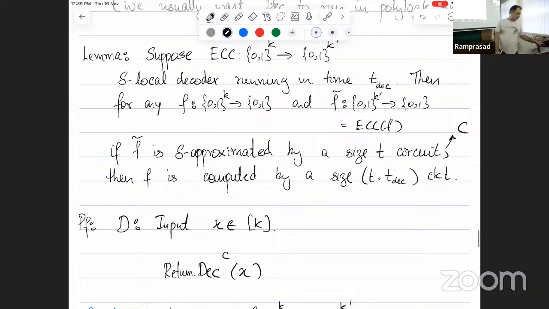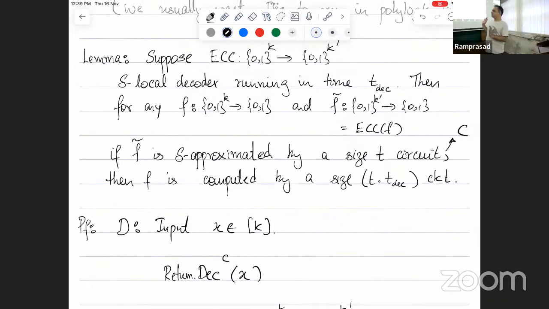Now let's look at the running time that this algorithm takes, or the circuit complexity of this. This decoder by itself will take T dec time, that's the running time of the decoder, which means it's going to make at most T dec many queries to C. But every time it makes a query to C, I actually need to do that computation.